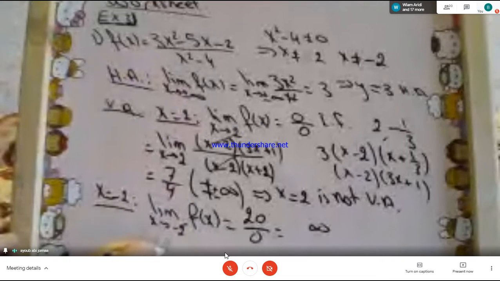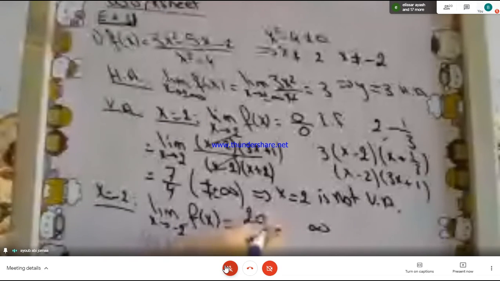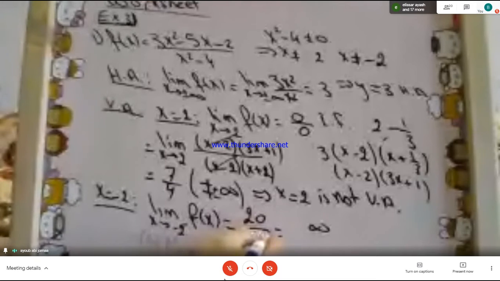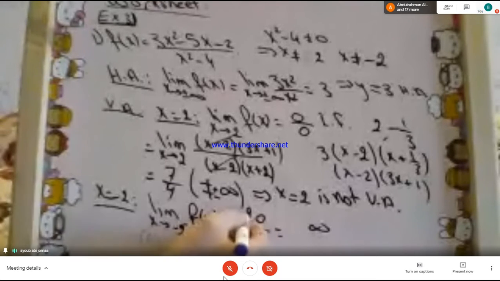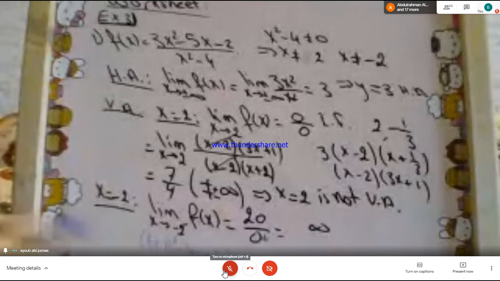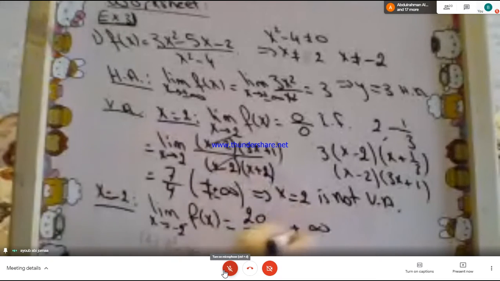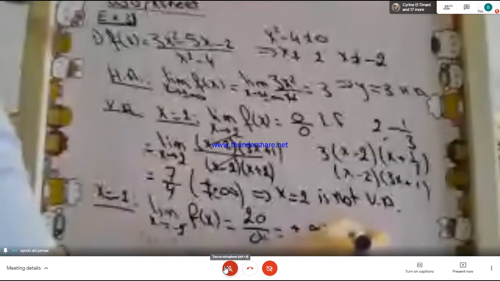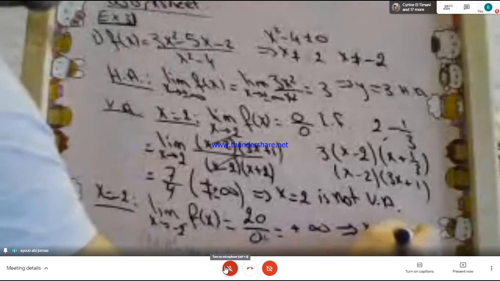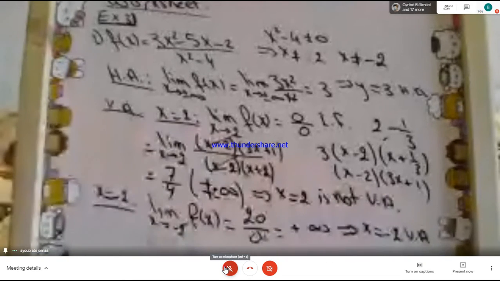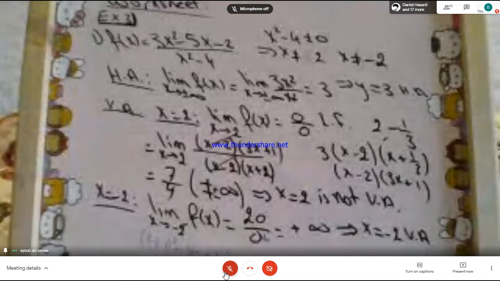Negative 2.1 squared minus 4, the answer is positive 0.41. So it's positive, so here I'm going to write 0 plus. Now, positive divided by positive, the answer is positive. The limit as x approaches negative 2 is infinity, then x equal negative 2 is a vertical asymptote.